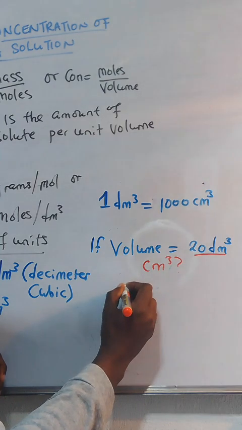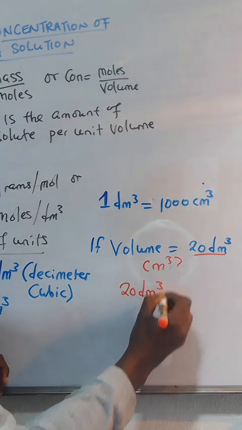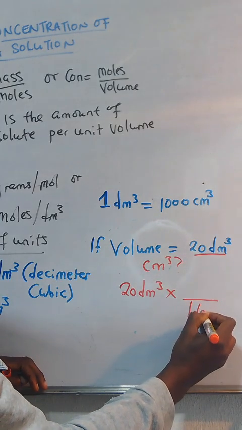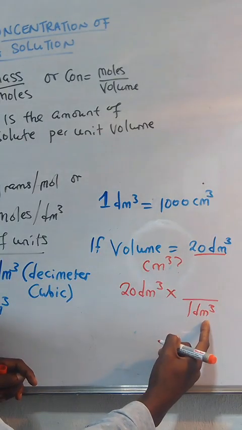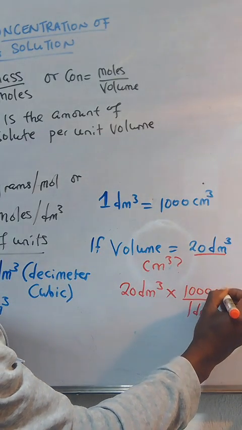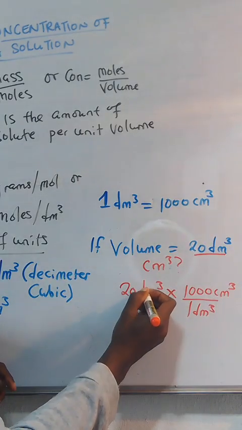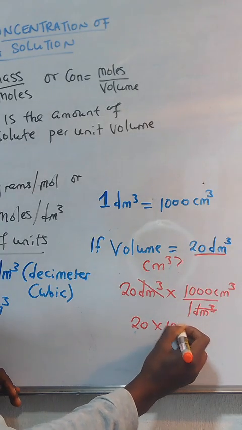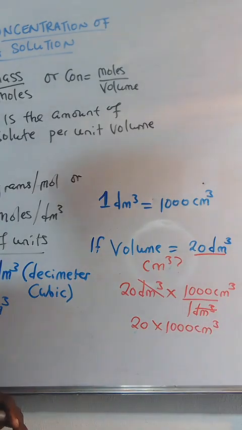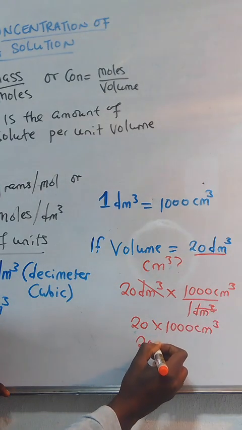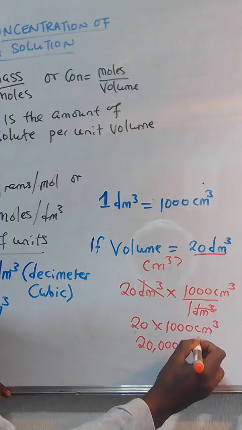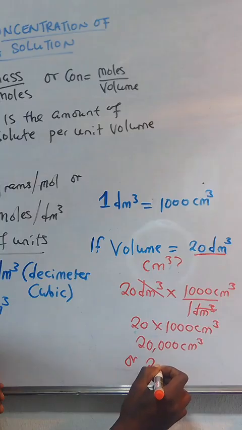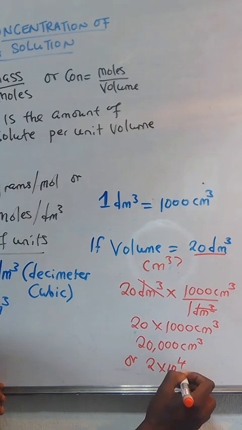So we say 20 multiplied by 1,000 cubic centimeters over 1 decimeter cubed. The decimeter cubed units cancel out, and we remain with 20 multiplied by 1,000, which gives us 20,000, or 2 times 10 to the power 4.